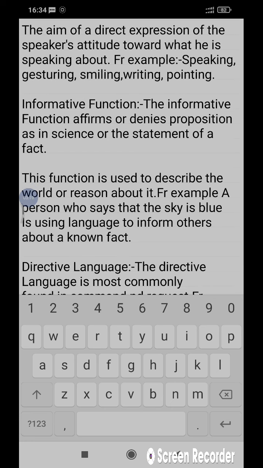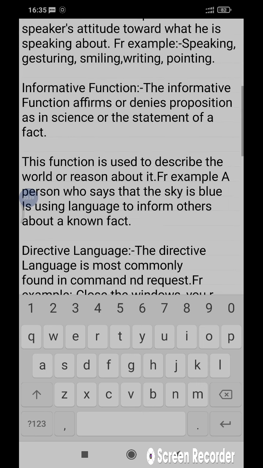When a person tries to inform someone that an action is happening or an action happened, this kind of informative function is performed by a person. This is called the informative language function.